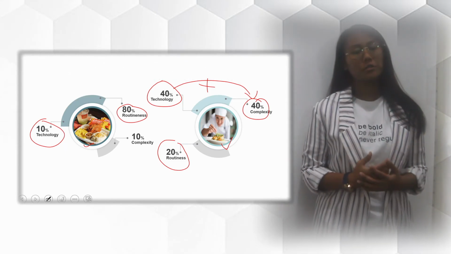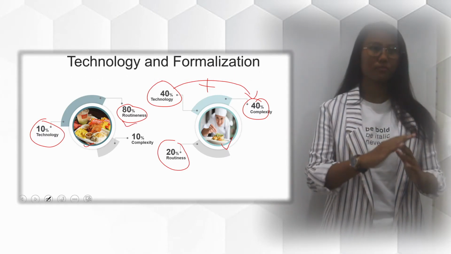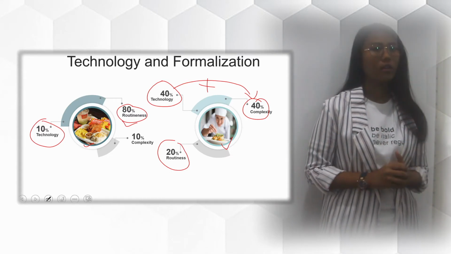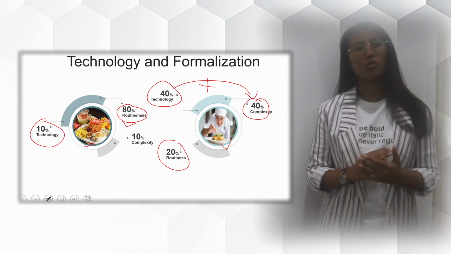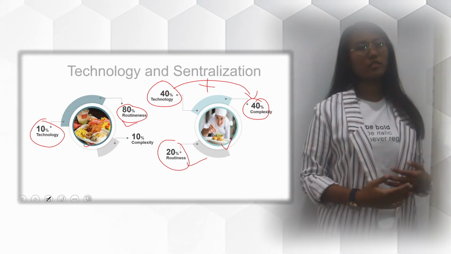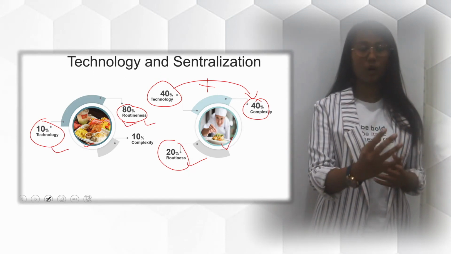Technology and formalization. If the routineness is high, the formalization is also high. But when the routineness is low, the formalization is also low. Technology and centralization. If the technology is low, it means the routineness is high, right?